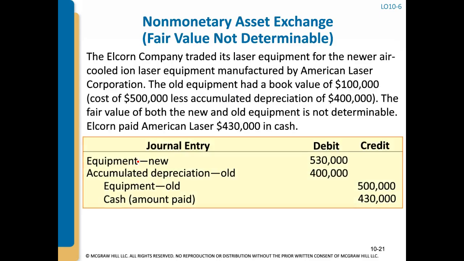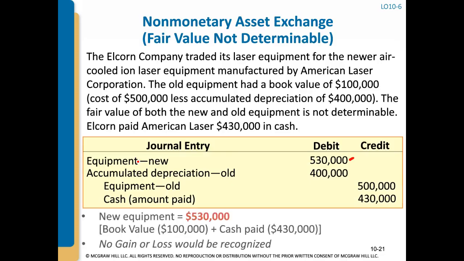And then the new equipment is just going to be the plug. So in this situation, the new equipment is the 530,000. It's the book value of the equipment given up plus any cash paid, which is 430,000. Notice there is no gain or loss recognized when the fair value is not determinable. It's just you're putting the book value of the old asset into the new asset plus any cash paid.